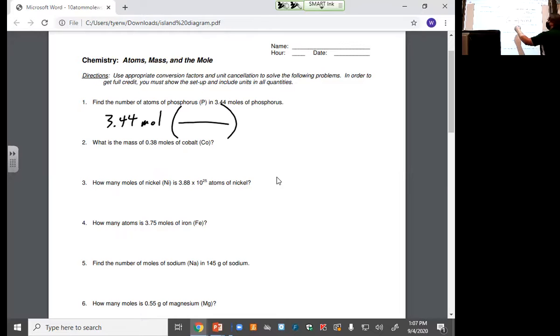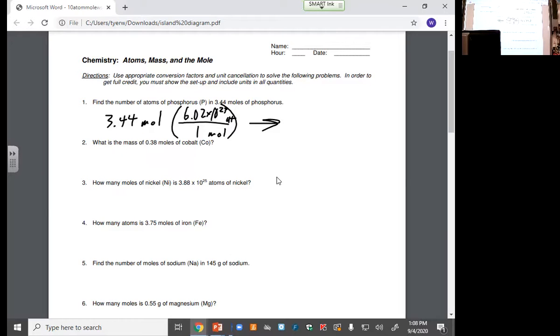Moles, exactly. And anytime I write mole in a conversion, I'm going to write the number 1. Now look over here. What's my magic number for atoms in a mole? 6.02 times 10 to the 23rd atoms. Punch that in the calculator and do a dance.